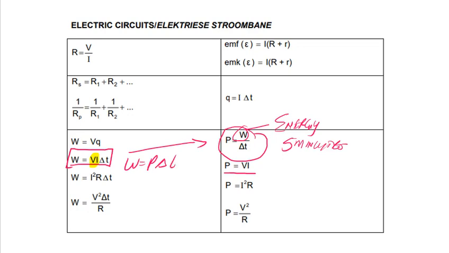So it's the same. I would prefer to use this formula because I already know my voltage, I already know my current. I already know current and voltage and time. So you see, I already know these three. So there are a lot of formulas that you can use. You can use any formula.